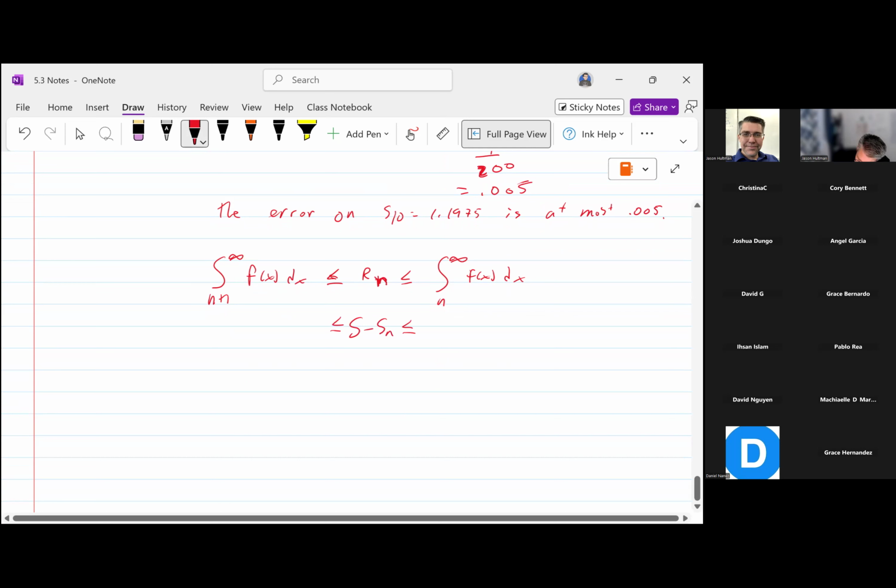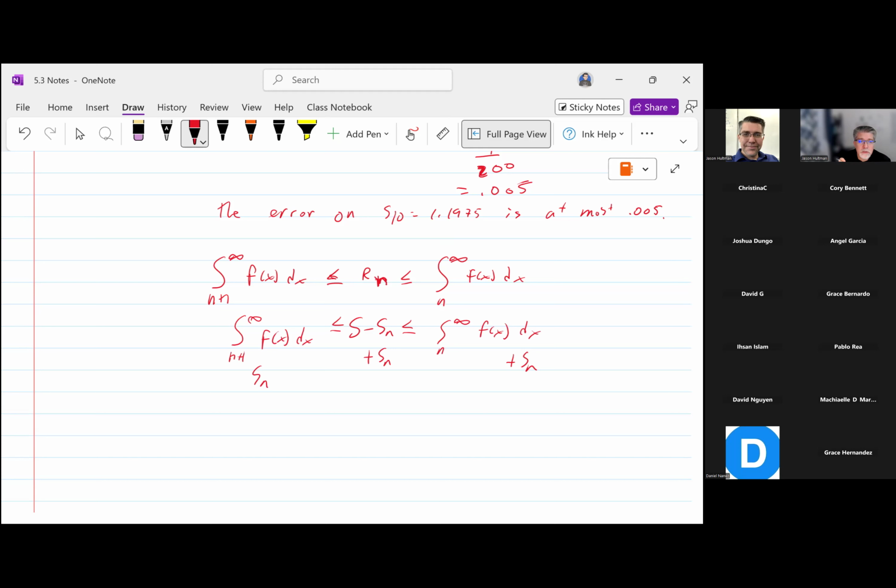If I rewrite this and add s sub n to all of these, we can get an approximation for the boundary for what the actual sum would be.